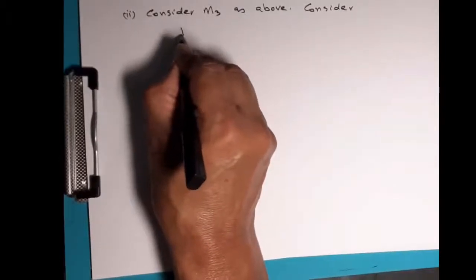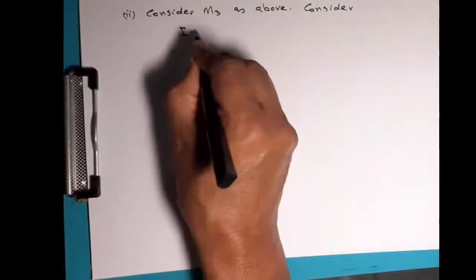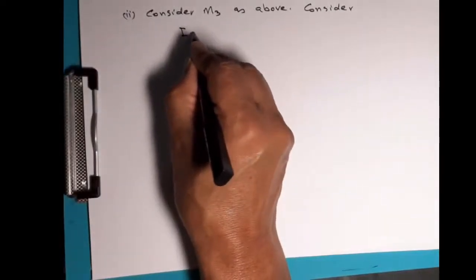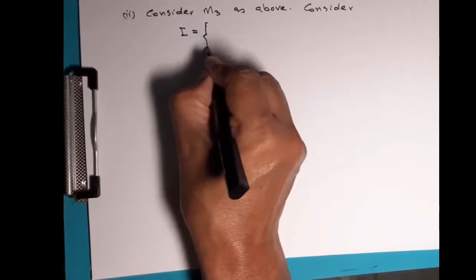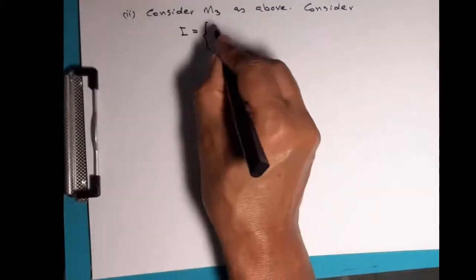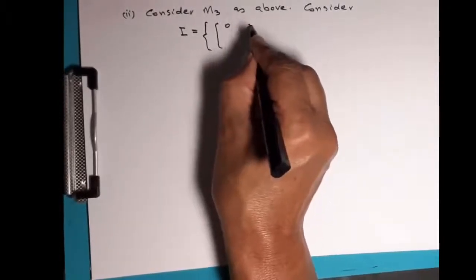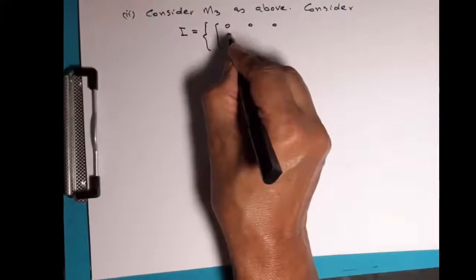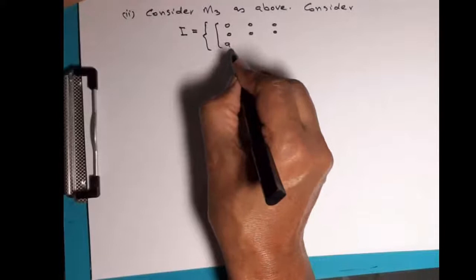Let me write it with I again, because we do not have many symbols to represent our concepts. Previously we took I as the subring of those elements for which the first two columns were 0. Now we take those matrices in which the first two rows are 0, and the third row may be 0, may not be 0.